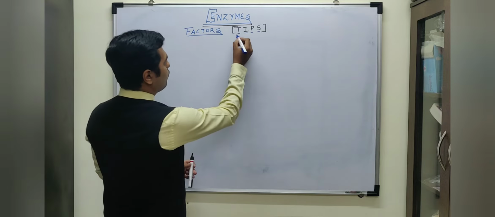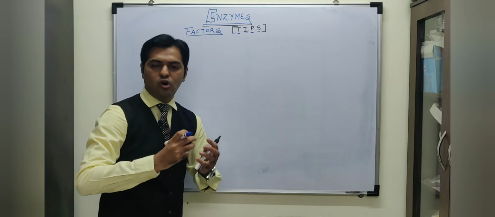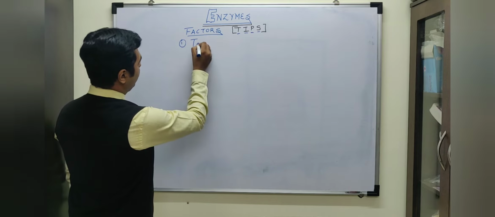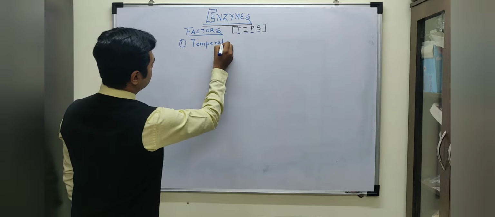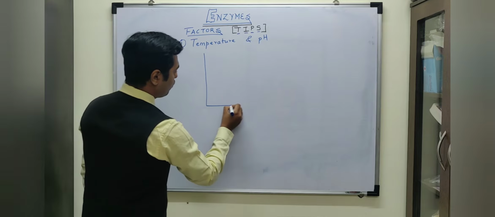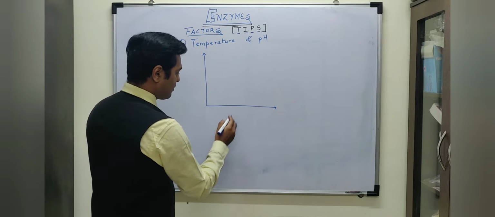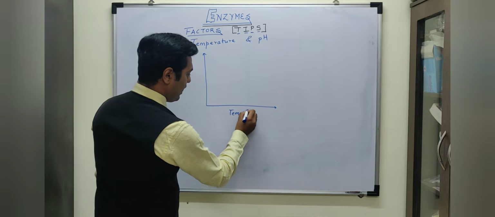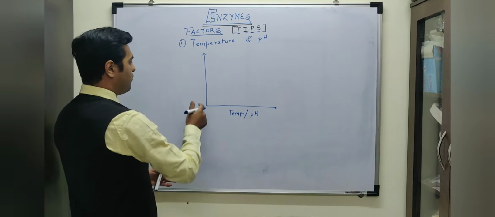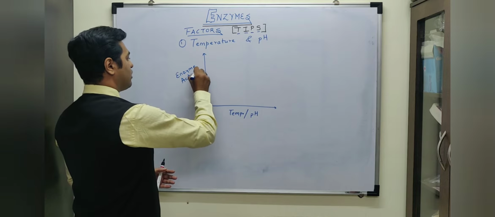Let me first discuss temperature and pH, because the effect of both on the enzyme activity is somewhat similar. When we consider these first two factors, we plot a graph wherein on the x-axis we either take temperature as the scale, or we take pH, and on the y-axis we take the enzyme activity or the rate of reaction.